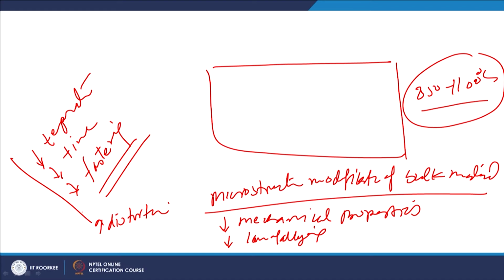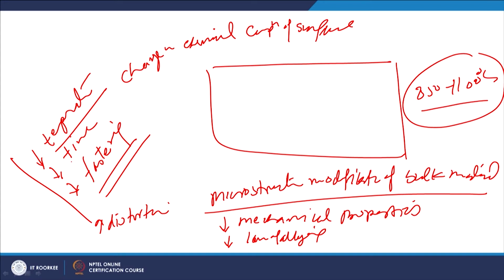So, those categories of processes where the required change in chemical composition of the surface is achieved without using much higher temperature, for shorter periods, using a higher diffusion rate, or using approaches which will accelerate the mechanism of the chemical composition modification.